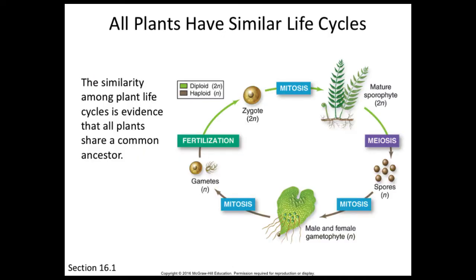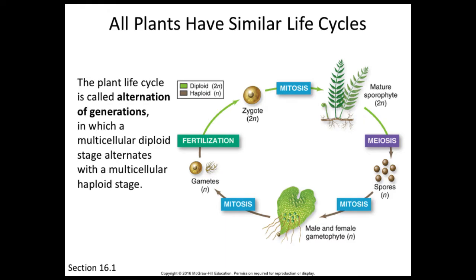The similarity among plant life cycles is evidence that all plants share a common ancestor. And this part of the lecture is a little bit challenging, so bear with me as I explain this life cycle process. The plant life cycle is called alternation of generations, in which a multicellular diploid stage alternates with a multicellular haploid stage.